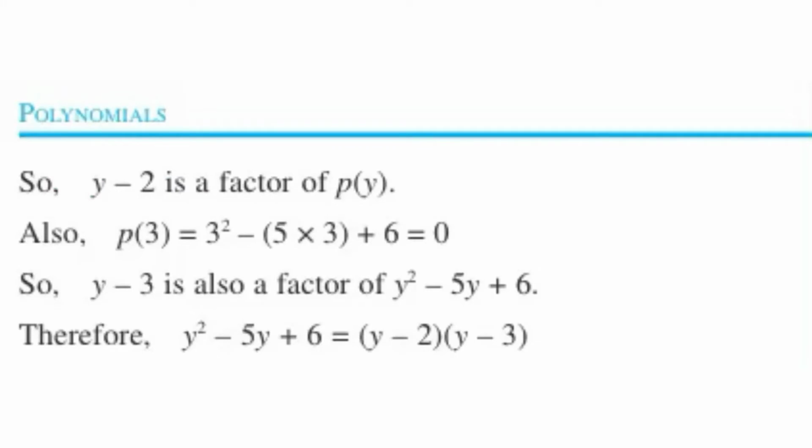Which means that y minus 2 is a factor of p of y. Now we will find p of 3, that is 3 square minus 5 into 3 plus 6 is equal to 0. So here y minus 3 is also a factor of y square minus 5y plus 6. So we can write y square minus 5y plus 6 as y minus 2 into y minus 3.